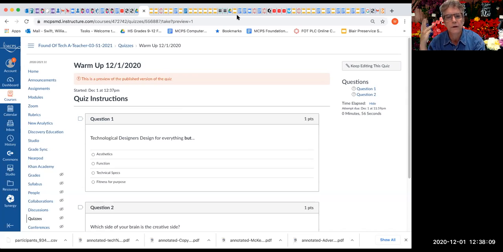Or are they interested in fitness for purpose? Which one is something that a technological designer would not create? You can put it in the chat. Oh, look, somebody already says 3. Technical specs, says Brooklyn. How do we feel about that?